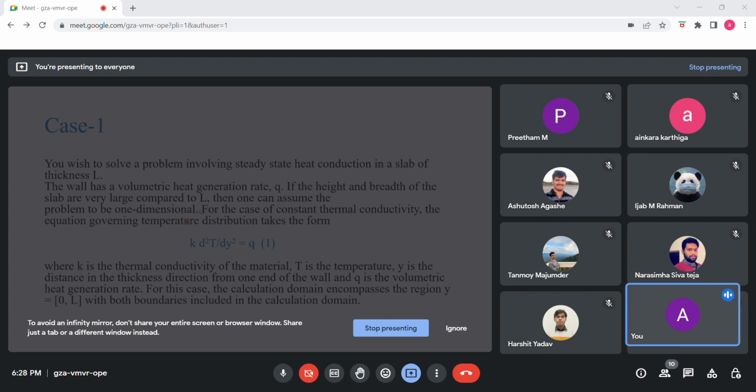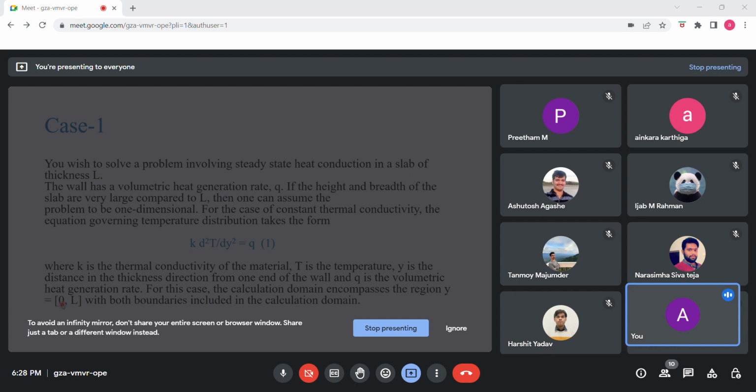Here, Q is the volumetric heat generation rate, K is the thermal conductivity of the material, T is the temperature, and Y is the distance in the thickness direction. That is, Y ranges from 0 to L, where L is the thickness.